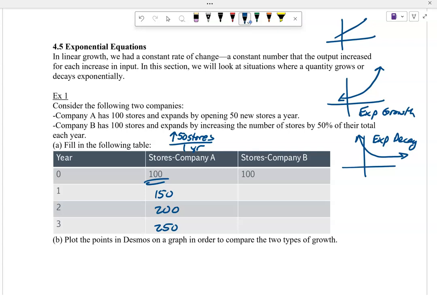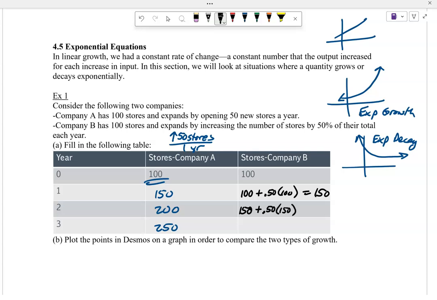Now, company B, on the other hand, increases by 50% of the total from the prior year. So if it starts out with 100, after the first year, it still has the 100 and then 50% of that 100, which is 100 plus 50. So you still end up with 150 the first year. But then at the end of year 2, you're starting out with 150, but you're adding in 50% more.